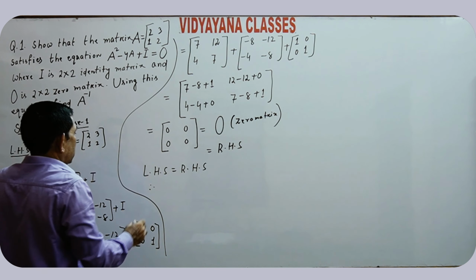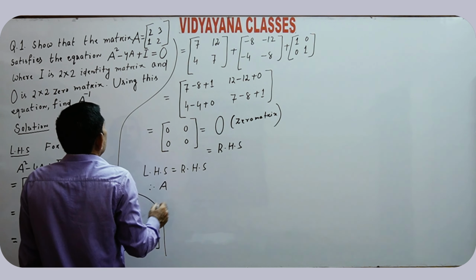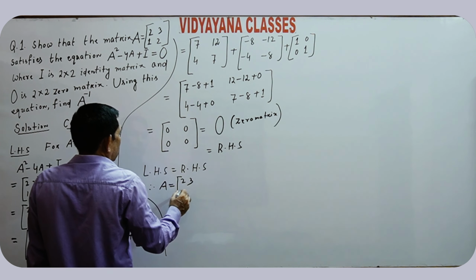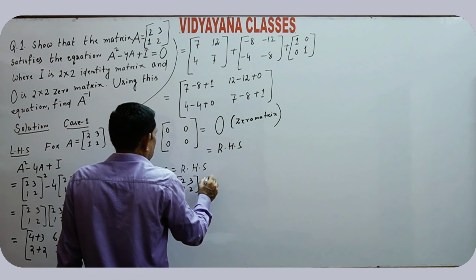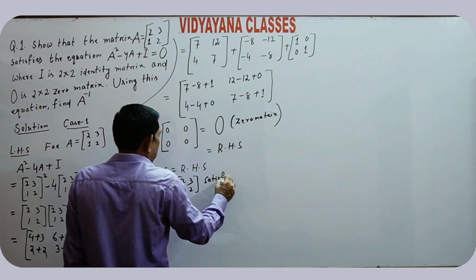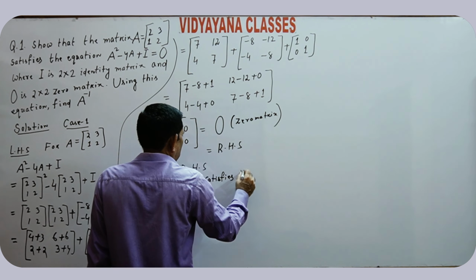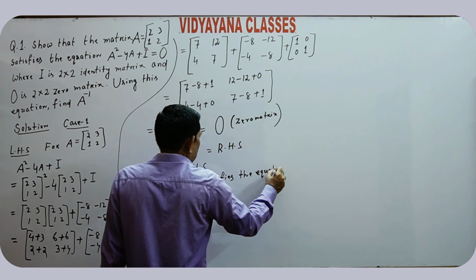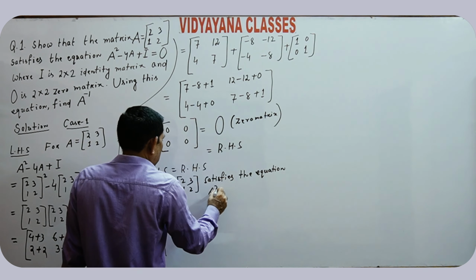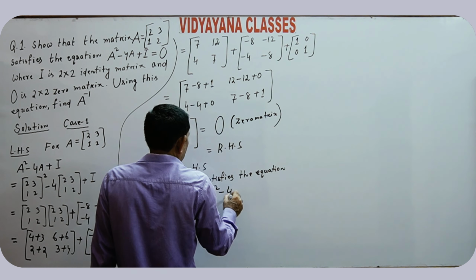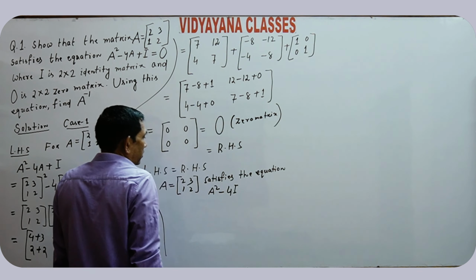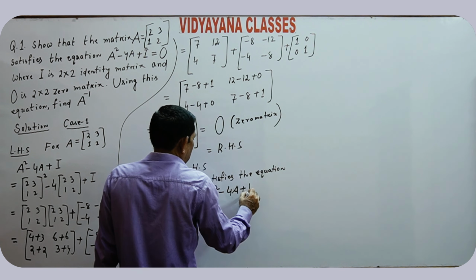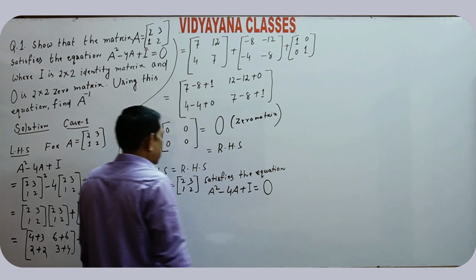Therefore, A is the matrix having elements 2, 3, 1, 2 satisfies the equation A square minus 4A plus I is equal to the zero matrix.